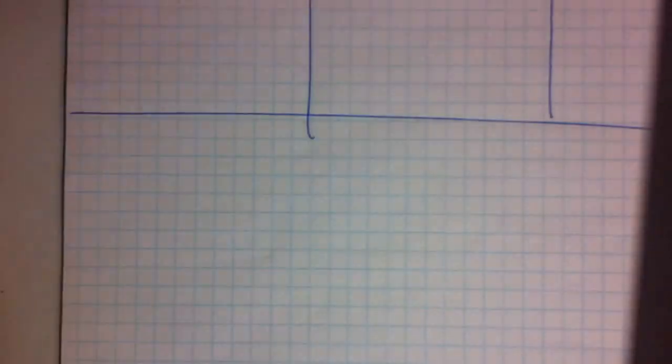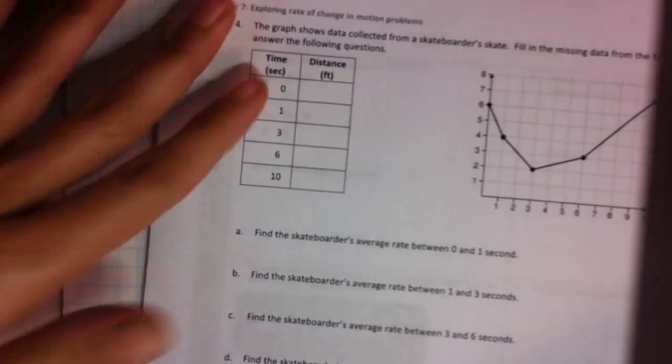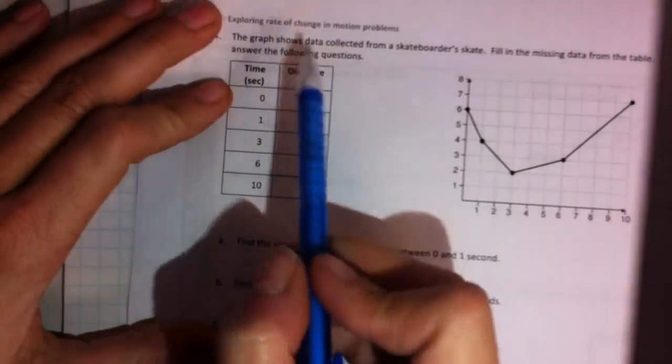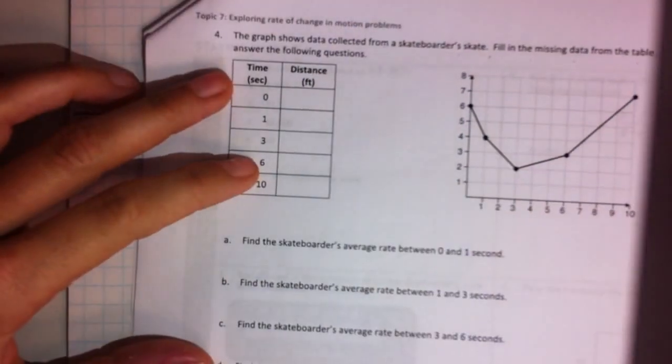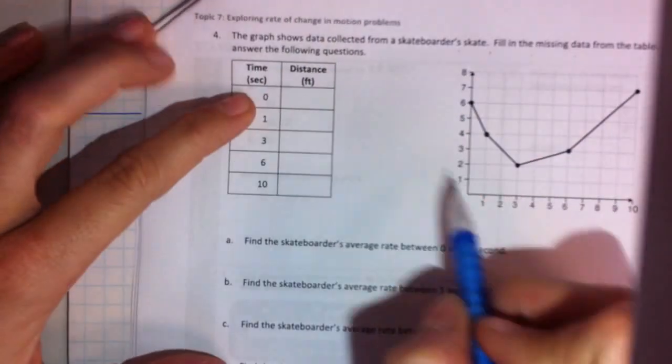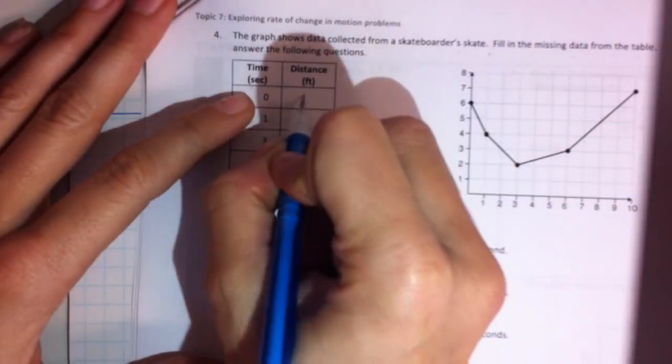All right, what do we got left? One more page and then the staying sharp. Let me get you started on this, and then I'll let you finish it on your own. All right, the graph shows the data collected from a skateboarder's skate. Fill in the missing data, and then use the table to follow the answering questions. All right, so at 0, I'm at 6.